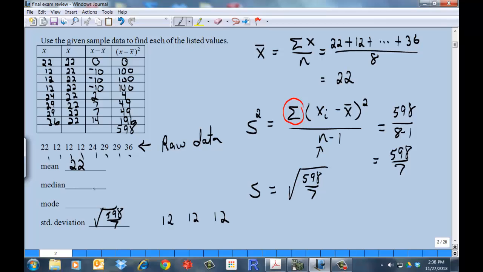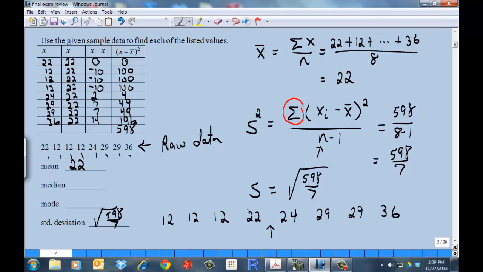And then we've got 22, 24, 29, 29, and 36. So the median is going to be right in the middle here. Remember, we've got 8 values. When you have an even number of values, you have to take the average of the 2 center values.